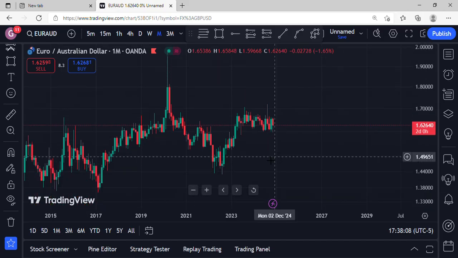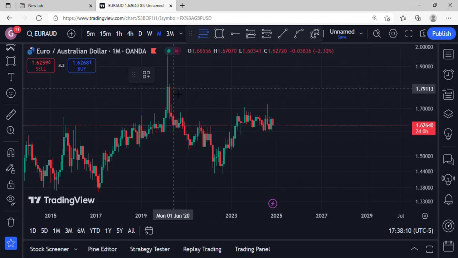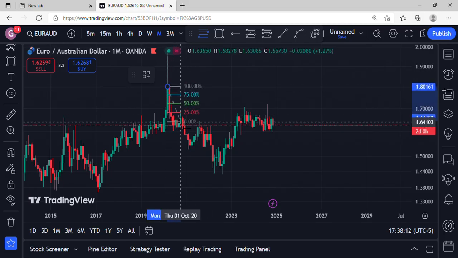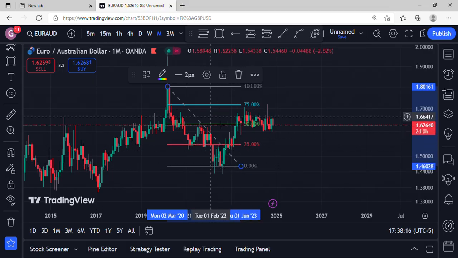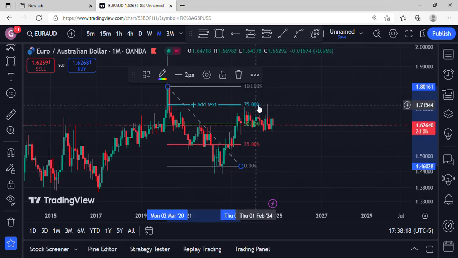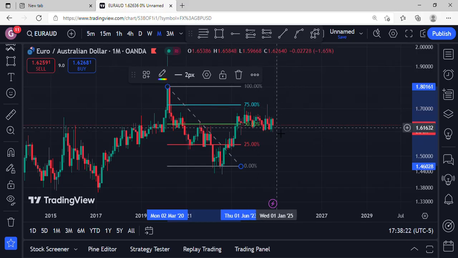Right. So I marked my range from this high, the high of this body, to the low here, and I saw that price had traded into the 75 DRT level and rejected down.